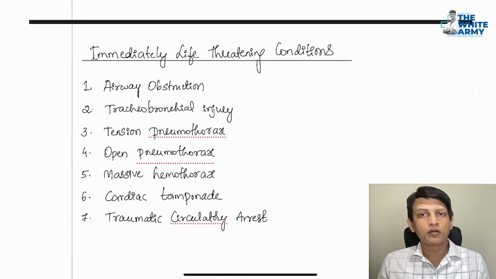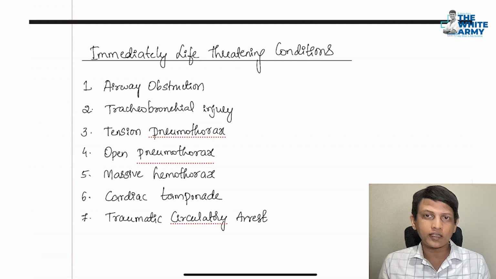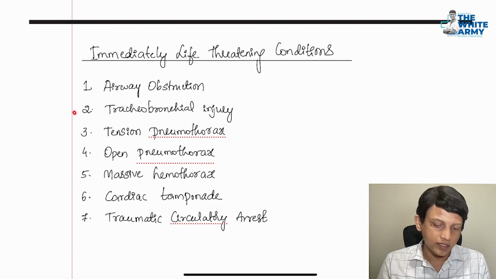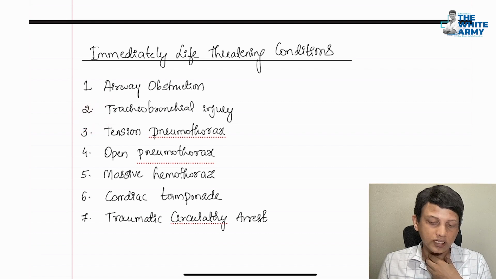So one thing we should know, which is highlighted in all the ATLS protocols and guidelines everywhere, is what are the life-threatening conditions. First thing is airway obstruction. Second is any tracheobronchial injuries. These two are related to airway.